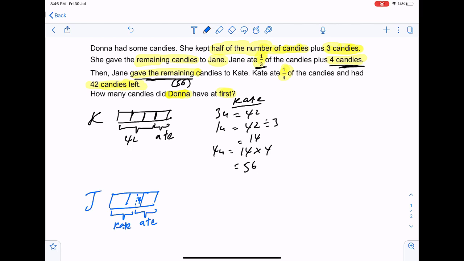And friends, we know that Kate's candies is 56. So what this means is that this particular section will be 56. If we take 56 plus 4, that will be 2 units for Jane. Then from there we can find Jane's number of candies. 56 plus 4, that is 60.